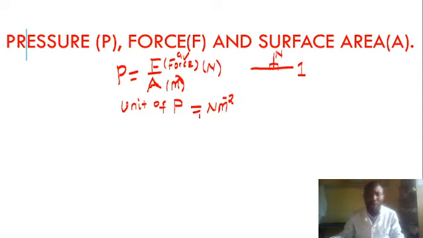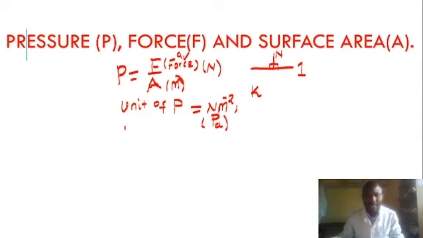There are also going to be higher units of pressure, and we will talk about the kilo. This unit, which we call Newton per meter squared, is called the Pascal.